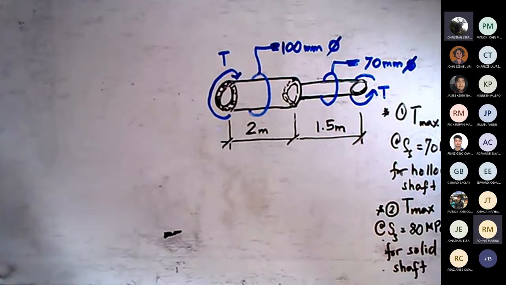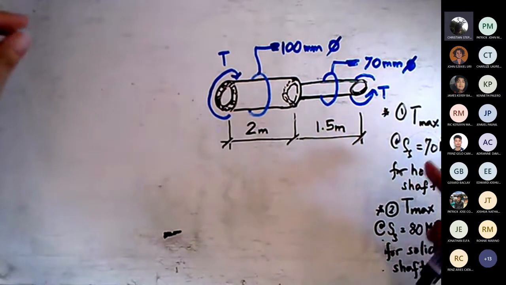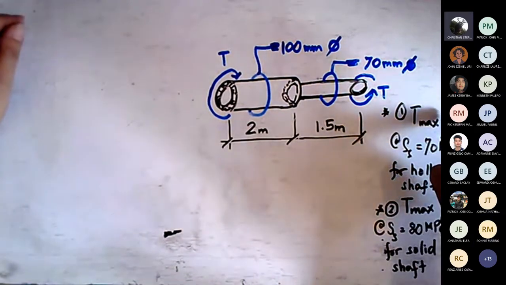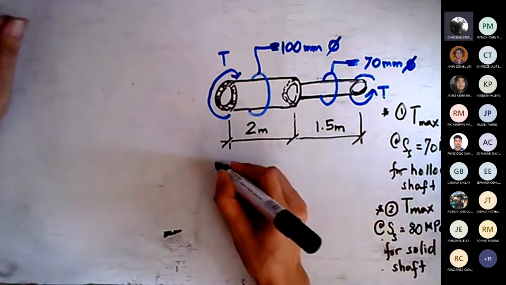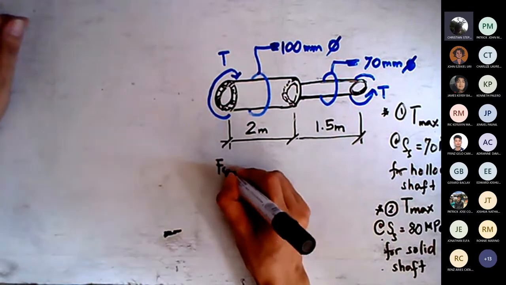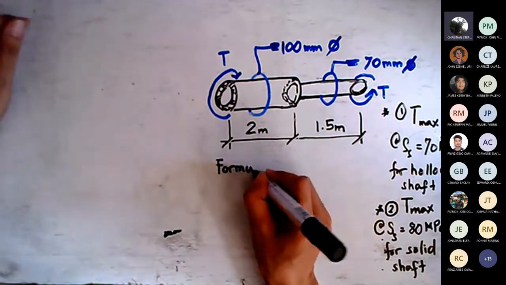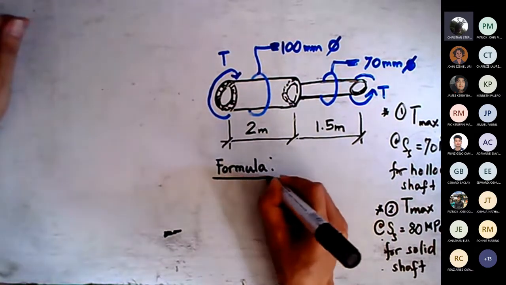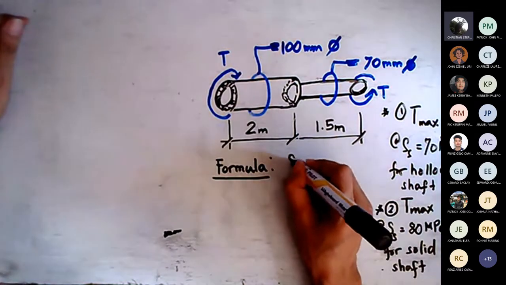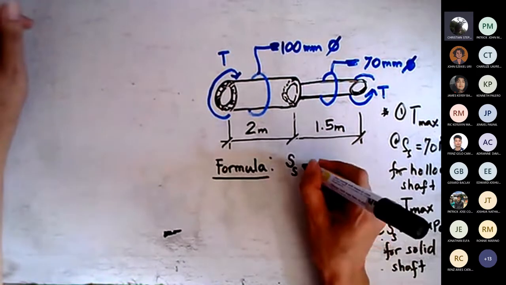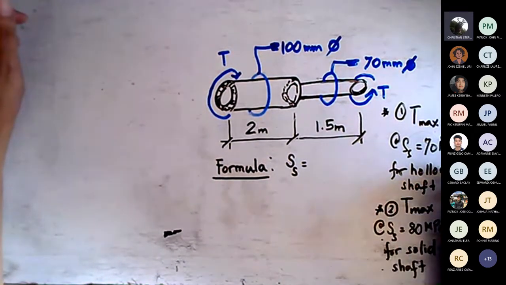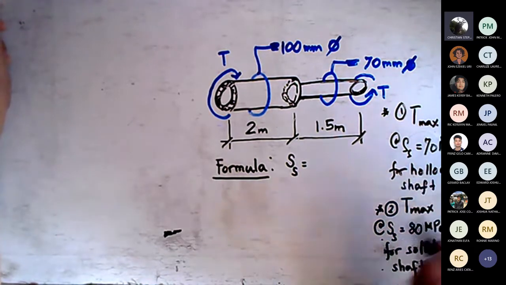Yan, okay. So, kasi kung ang hinahanap sa atin is maximum torque, we can make use of the formula for the shearing stress. So, ano-ano ba mga formula natin na pwedeng gamitin? Given yung shearing stress, ang formula ng shearing stress, kung hollow, ibig sabihin butas, meron siyang inside diameter, merong outside diameter.